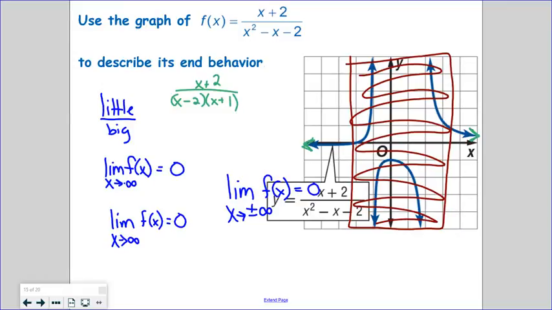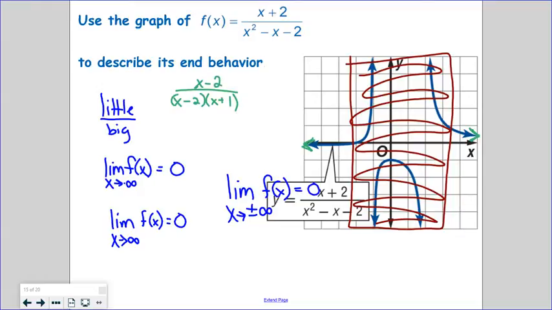Does that change what it is? Not at all. I need to think again, if I were to multiply this out, what would be my biggest exponent? But do you see if I wrote it like this, how a lot of people make the mistake and say that it is a same over same? Because it kind of looks like an x to the first over an x to the first. Okay, so what if I did change the problem? This is not what the problem was, but what if I changed it so that it did simplify?